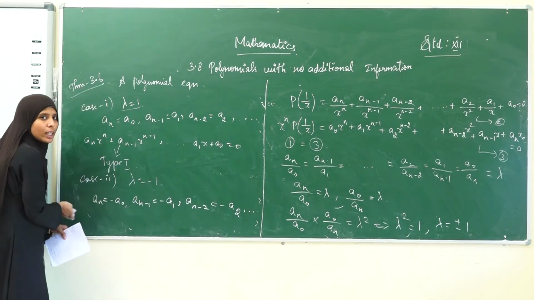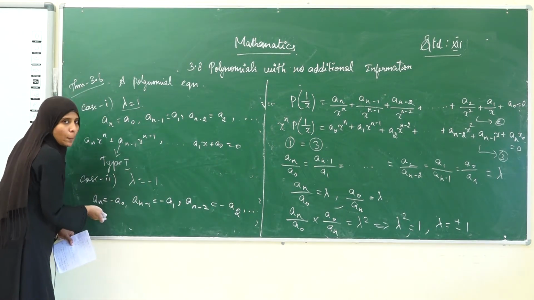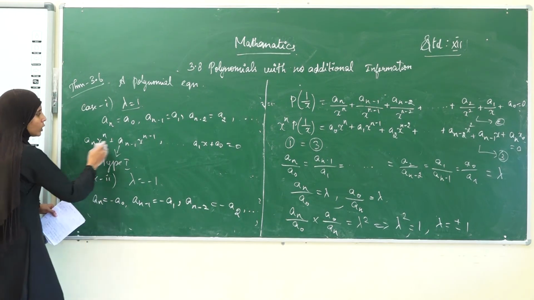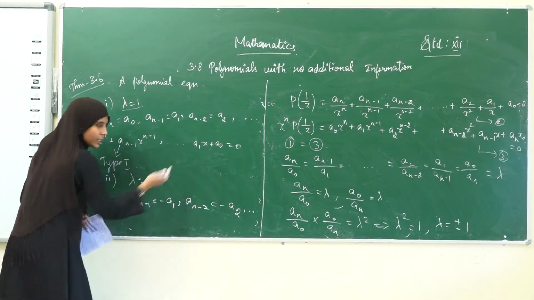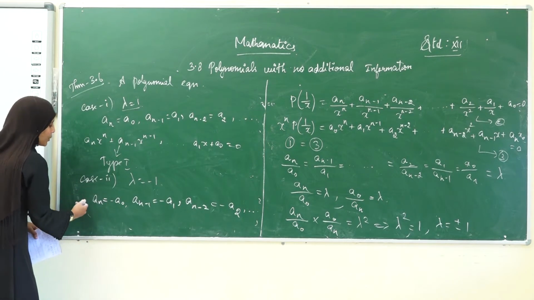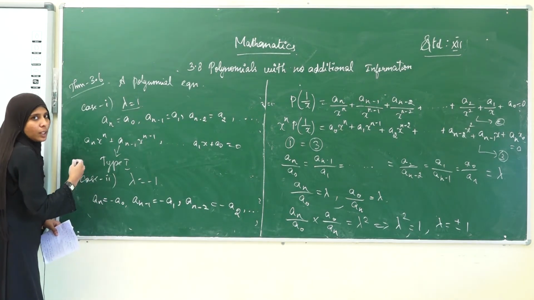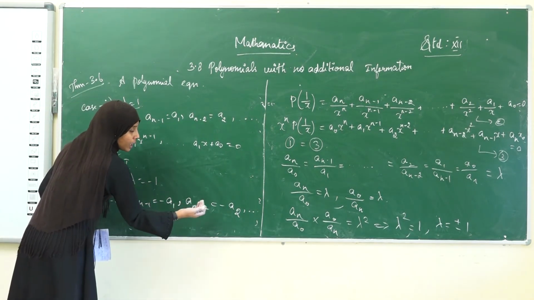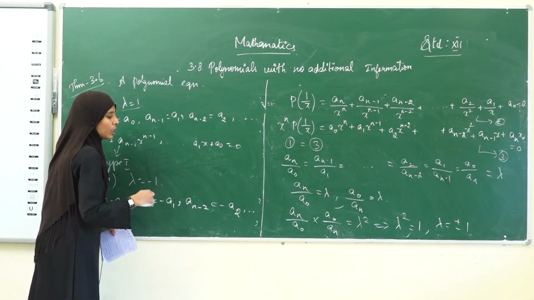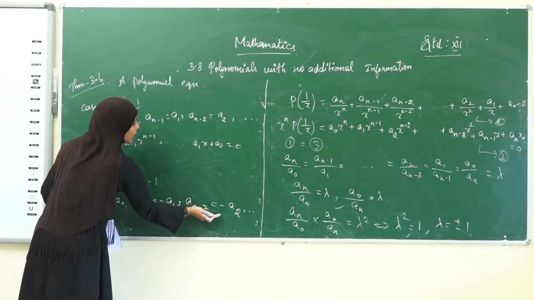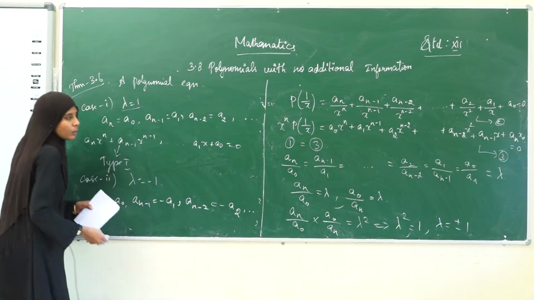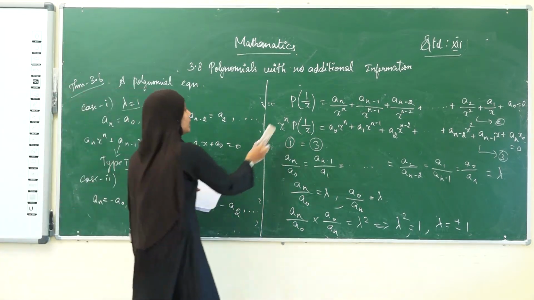They are equal in magnitude, but opposite in sign. See, a n is equal to a naught in case 1, but a n is equal to minus a naught here. Therefore, the coefficient from the starting term is equal in magnitude and opposite in sign to the coefficient in the ending term. This is how we are concluding this theorem.